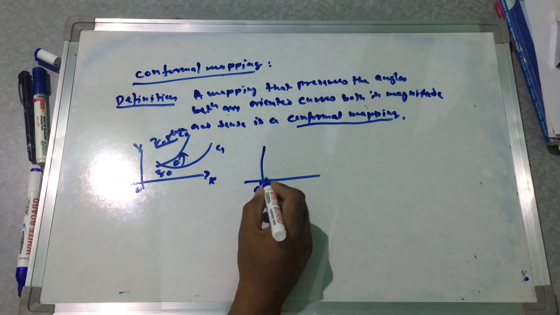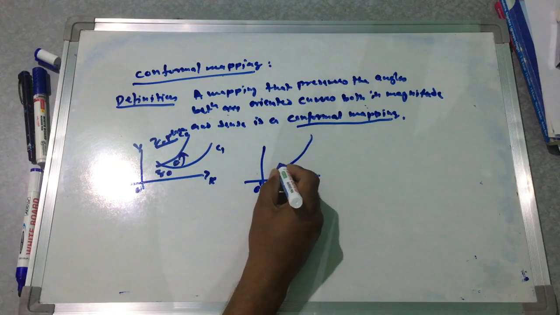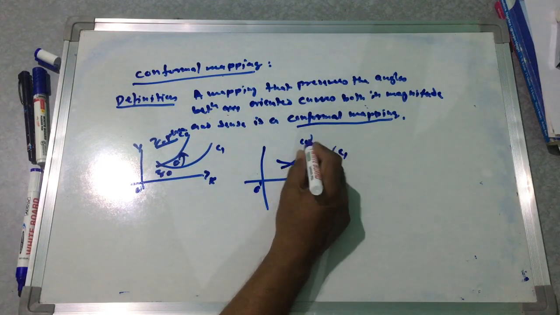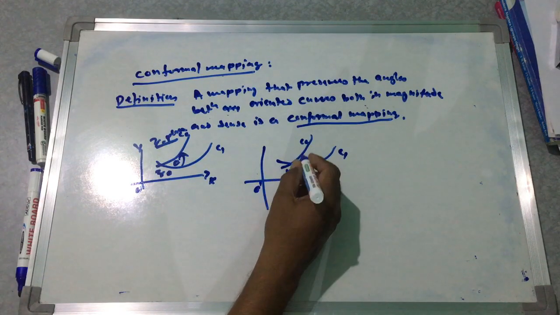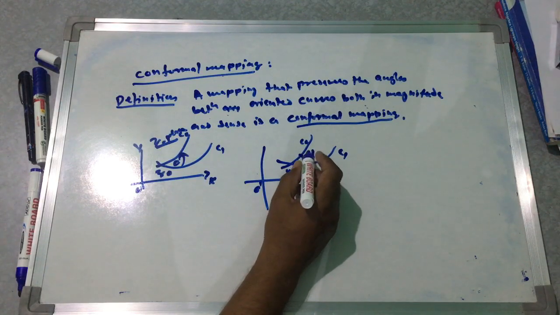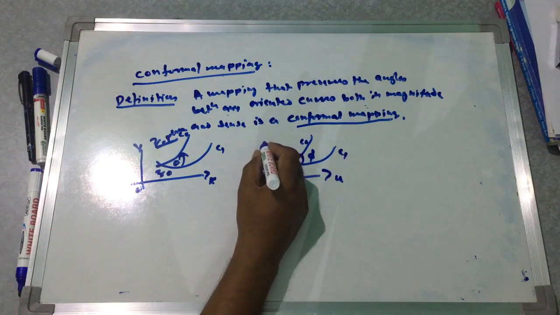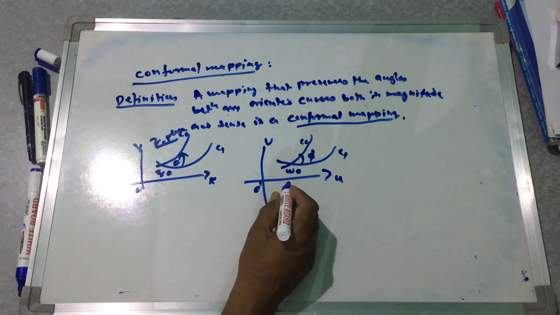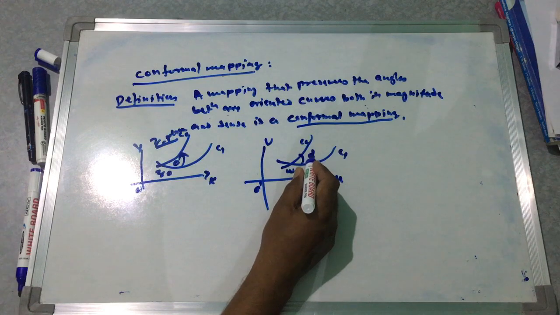Yes, this is O dash. These two curves are intersecting at the point W0, making an angle phi.